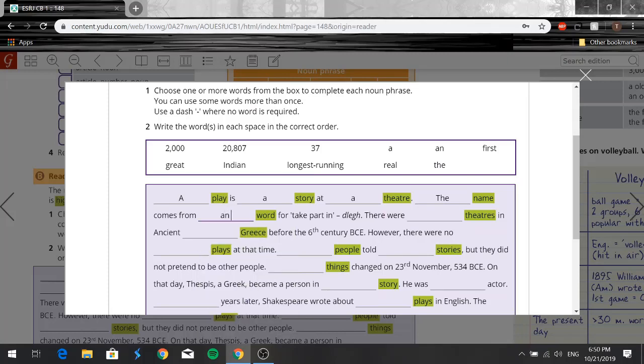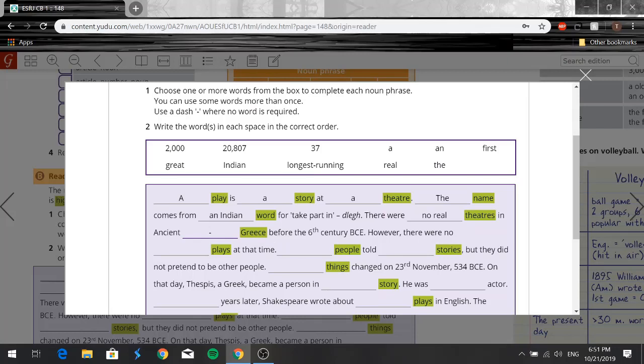We'll say an, and then we'll add Indian to that. So we'll say an Indian word for take part and lay. Hope I'm pronouncing that right. There were no dash. We'll say no real theaters in ancient, and this is nothing, so we'll just say ancient Greece before the 6th century BCE.